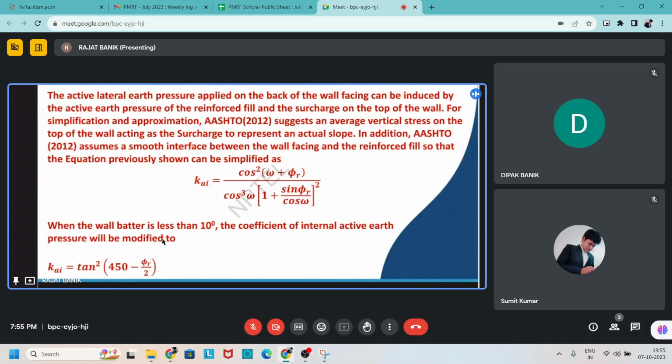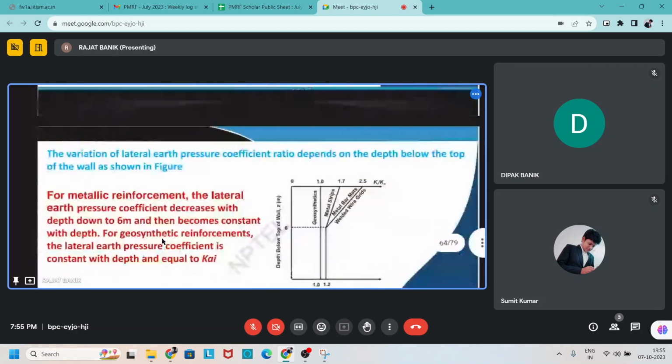And the passive earth pressure coefficient is Ki equal to cos square (omega plus phi r) over cos cube omega plus sin phi r over omega cos omega whole square. When the wall batter angle is less than 10 degrees, the coefficient of internal active earth pressure will be modified to Ki plus phi by 2.